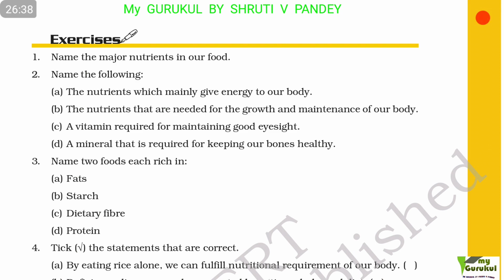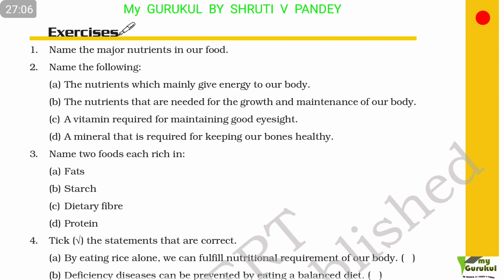Dietary fibers are present in vegetables and fruits. These are rich in dietary fibers. Protein rich foods are milk, egg, fish, and some meats are rich in protein.